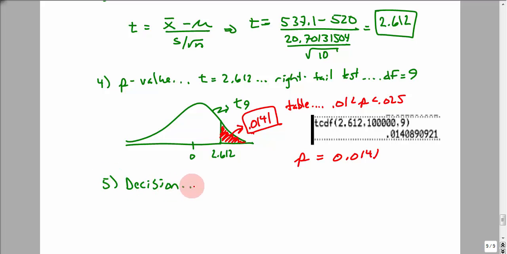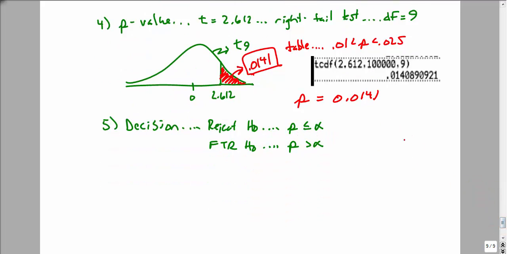Next, I want to make a decision. Remember, I have 2 decisions I can make. I can reject H0 or I can fail to reject H0. I will reject H0 in favor of HA if p is less than or equal to alpha, and I will fail to reject H0 if p is greater than alpha.